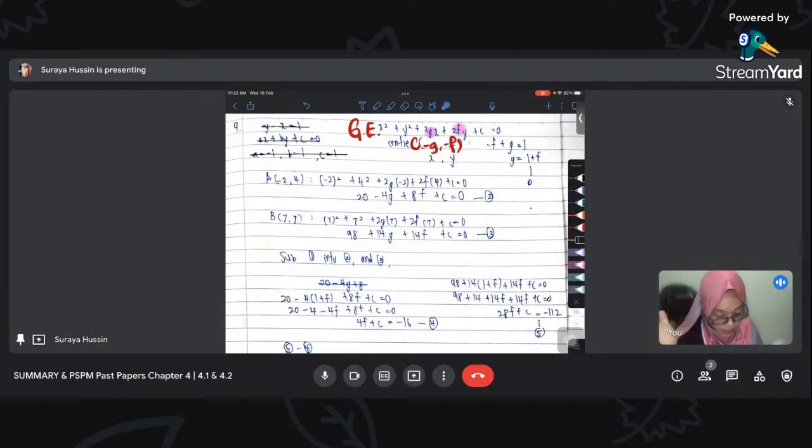Bila dia dah dapat 2 equation, surprisingly, okay, there are many ways, you know. Tak semestinya cara kawan kamu ini, kamu perlu ikut. No, you don't ikut kalau you boleh produce your own writing, your own calculation, your own computation. Okay, tak perlu sentiasa follow kawan.